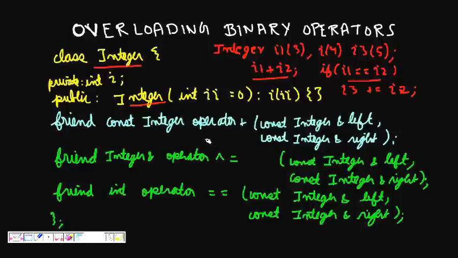Binary operators operate between two objects of the same class. So if I have an operator plus, I take two objects of the same class, and now I will add.